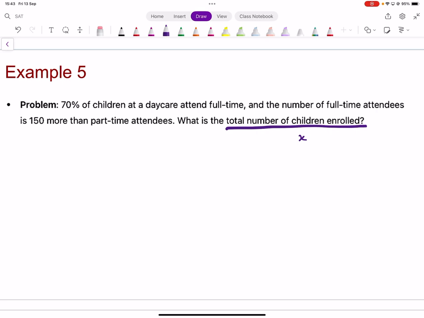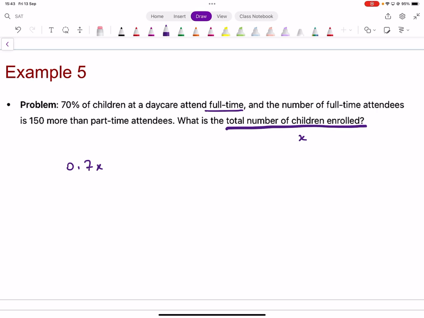If that's the total number of children enrolled, how many attend full time? If X is the total number of children enrolled, how many of them attend full time? 70%. What is 70% of X? 0.7 times X. This is the number of full-time attendees.